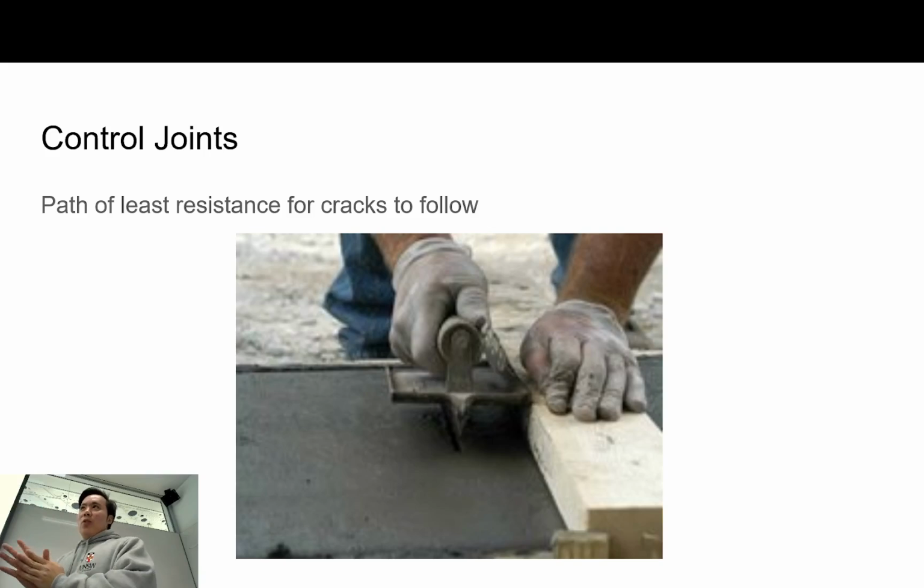So have you guys driven across curbs, or footpaths, and they have lines in between? But you see that it's not actually an actual cut in. It's just like a divot kind of thing. That's a control joint. And they do it when the concrete is still partially wet, right? So they'll put that tool in and they'll basically cut it across, right? And it's both for aesthetics and also a bit more functional. You don't have to replace the concrete as often.